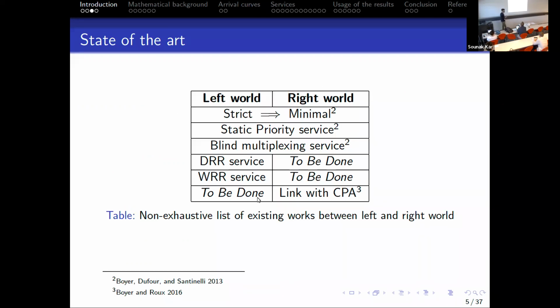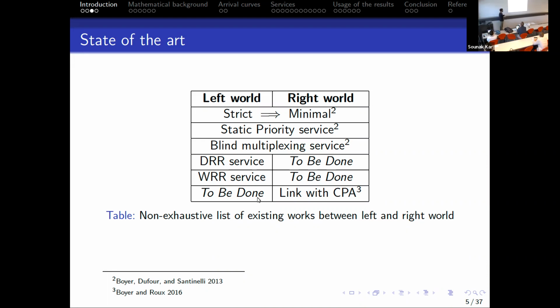We see two possibilities. So the first one is to reprove all the results from one world in the other one, and vice versa. Some work was done, for instance, with the property that a strict minimal service implies a min-plus minimal service, or the expression of the static priority service and blind multiplexing service.